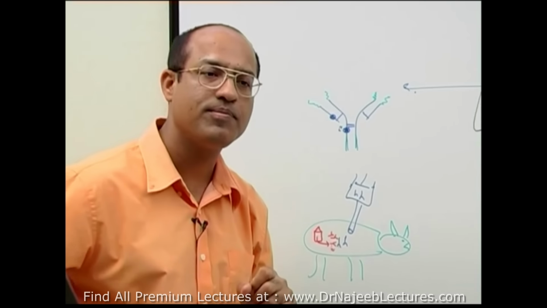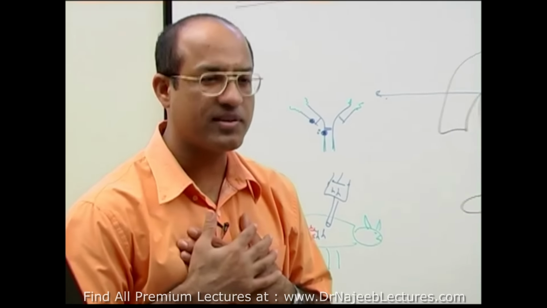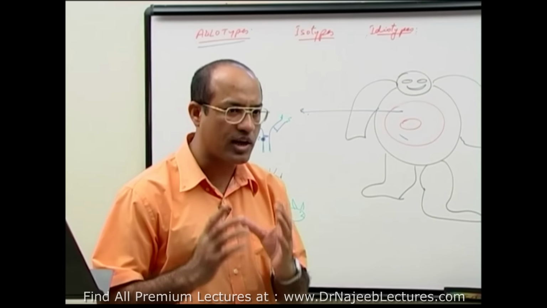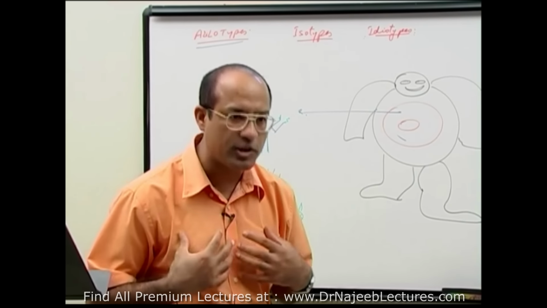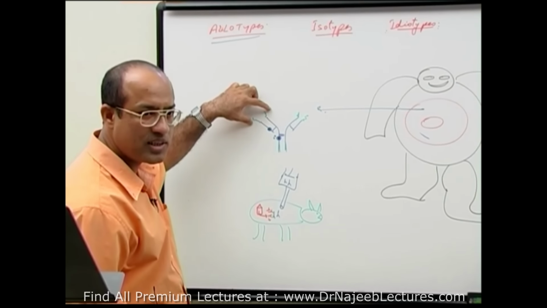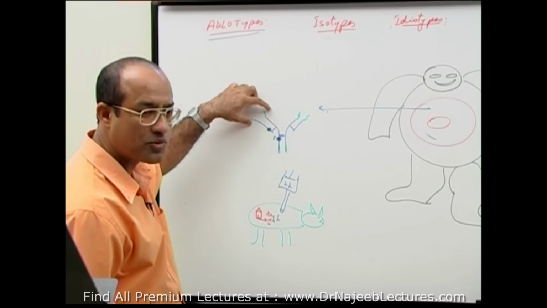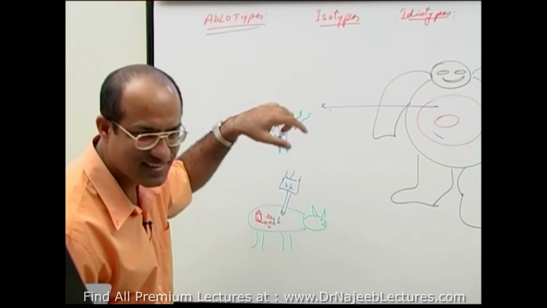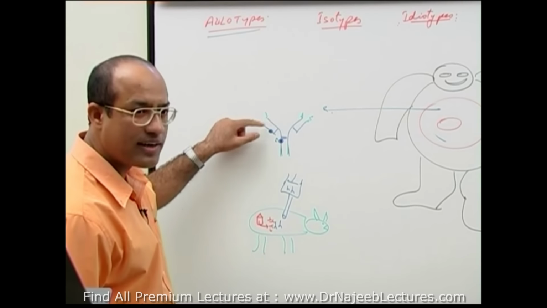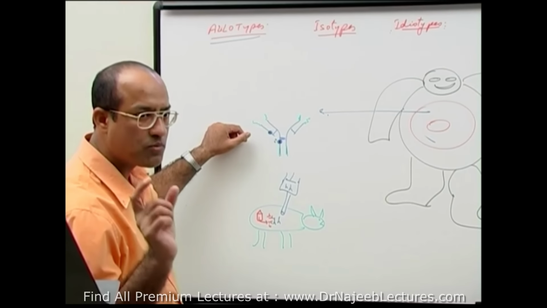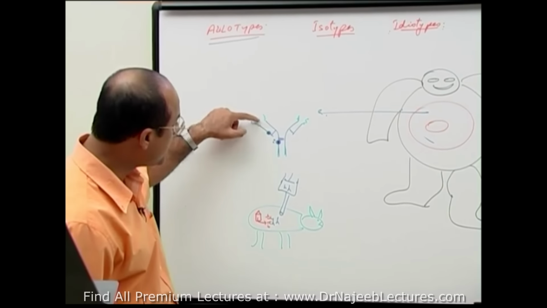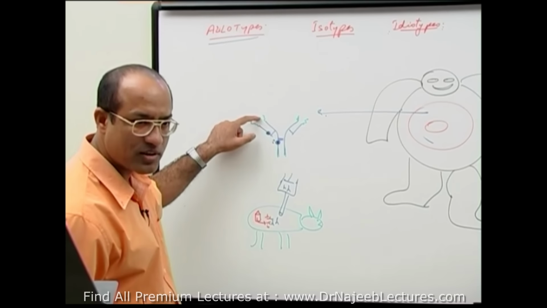Now tell me one thing. In one person, if you try to classify all my antibodies according to these variable regions, how many antibody groups will I have? Millions. Right? All the antibodies made by one clone of B cells have the same variable region.